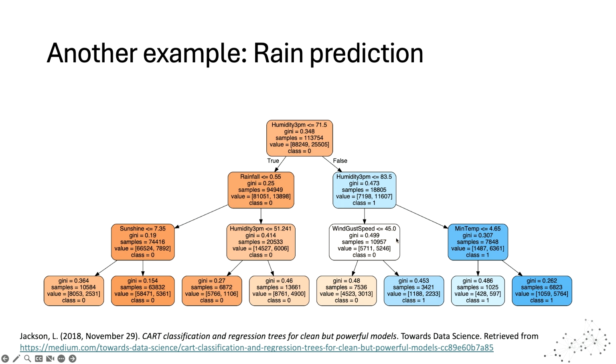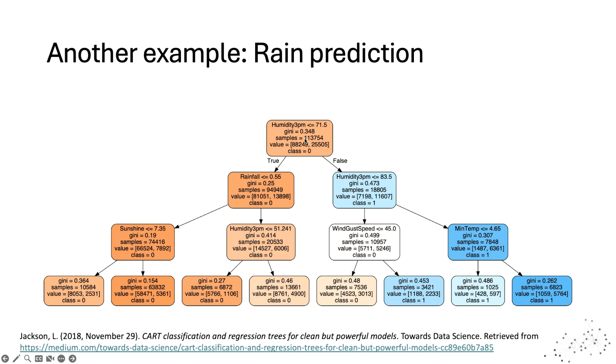As you can see, the topmost lowest child node has class 1, so it means tomorrow it will rain. The prediction says it will rain.